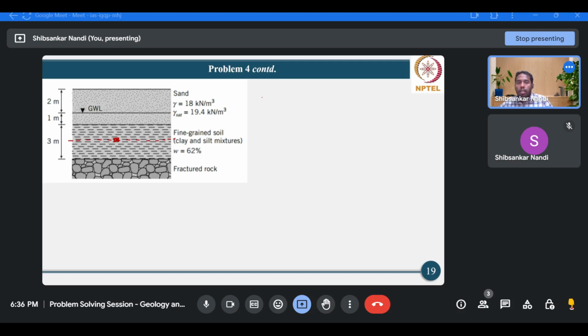Now what is the submerged unit weight? Because the fine grained soil is under submerged condition, we'll directly calculate the submerged unit weight. Submerged unit weight for fine grained soil will be (Gs minus 1) divided by (1 plus e), multiplied by gamma w.